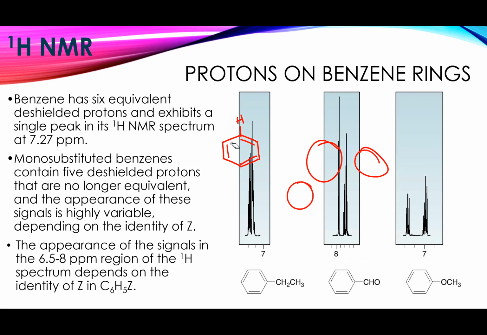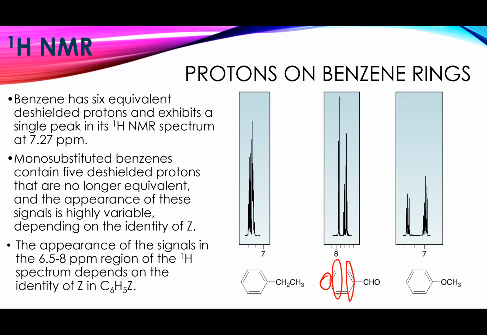So for example, you can tell I remembered that this slide was animated that way. If we have ethyl benzene, we end up with a cluster of benzene peaks. That would be very, very fun, I'm sure, to try and identify. Benzaldehyde has something really interesting going on here. These protons, you have sets like this and then one individual one.